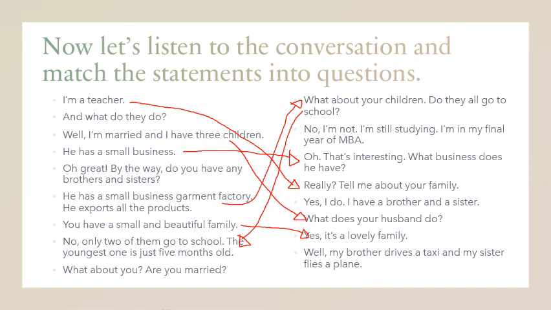And what's the man's answer? Okay, he said that, no, I'm not. I'm still studying. I'm in my final year of MBA. Okay, is it correct, students? Yes, of course. Okay, let's continue listening.